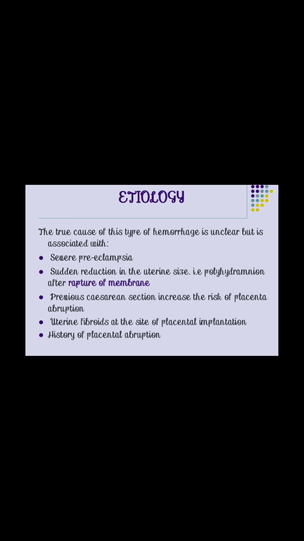Kwa hiyo kama imejiplant pale, inavyozidi kukua na hiyo myoma inazidi kuongezeka, fibroid inaongezeka, na placenta inaongezeka. Kumbe hiyo myoma ikiongezeka sana, inaweza ikasababisha placenta ikaanza kudetach partially, kwa sababu chance inakuwa ndogo. But also history of placenta abruption, mama kama ana history ya placenta abruption, also it is likely kwamba we see this current pregnancy pia anaweza kupata hiyo placenta abruption.